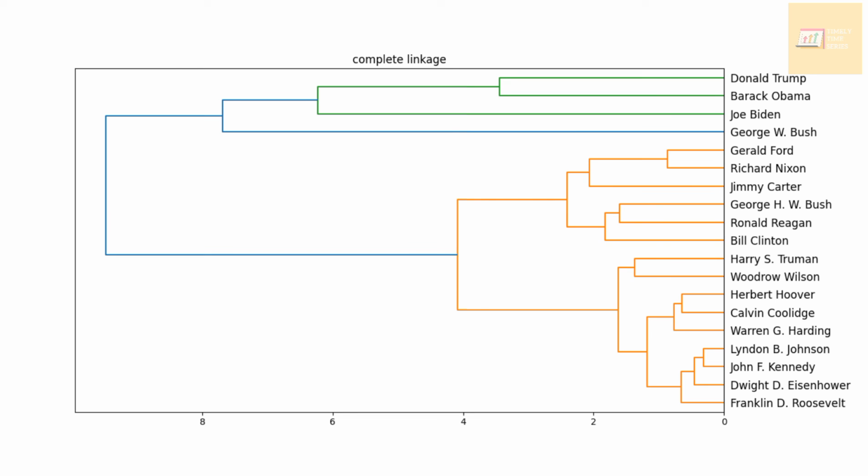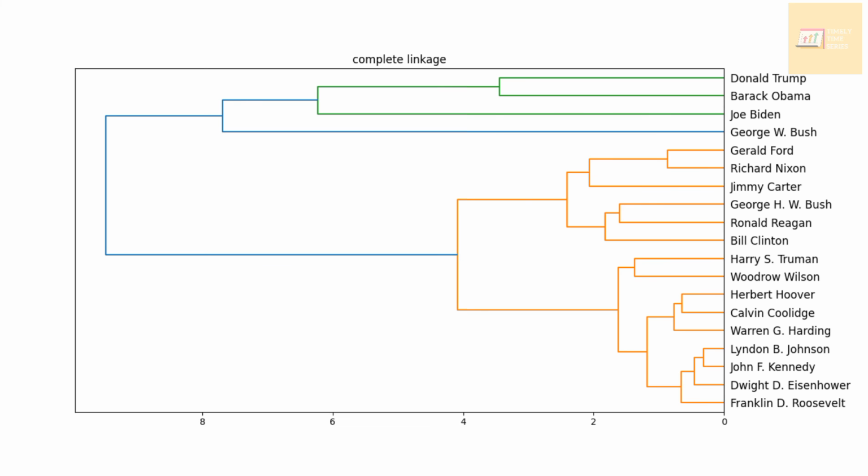And as I said before, the series labeled by George W. Bush is the last one to join any cluster actually. So if we want to connect this to the theory section earlier, this is like the cluster C. So cluster C was the last cluster, or the last data point to get any cluster.